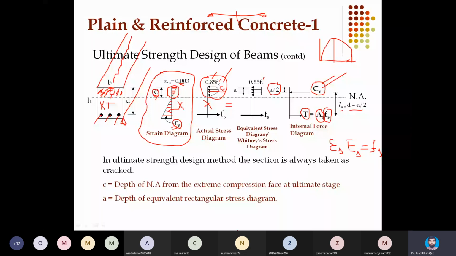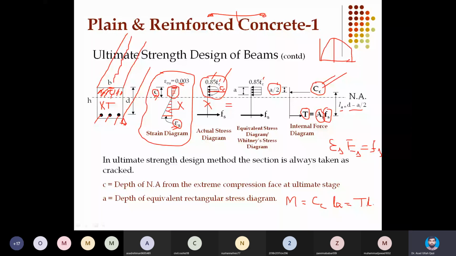So I started from the strain diagram, from strain the stress, from stress the force, and from force, knowing the internal lever arm between them, I can calculate the internal resistance. So it means the internal resistance M will be equal to either Cc times lever arm or T times lever arm.